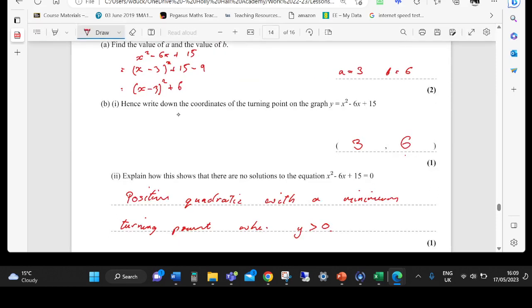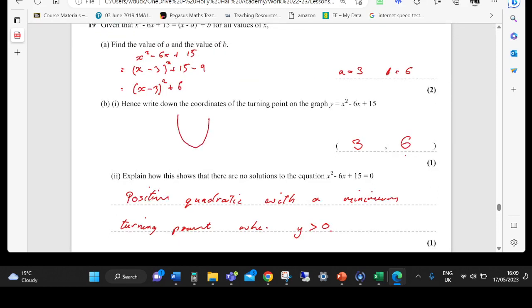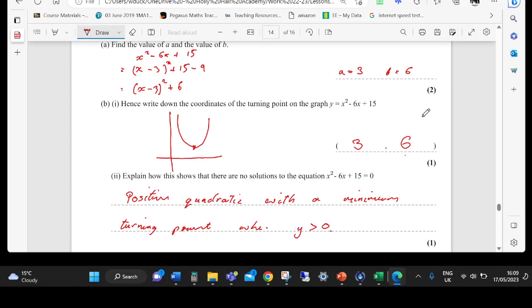So very basically, positive quadratic means a U-shape like that, and the fact that the turning point is still in the positive y direction means that the graph can't go below the x-axis. Turning point where y is greater than 0. So I think that's enough for the mark. We'll find out in a second though.